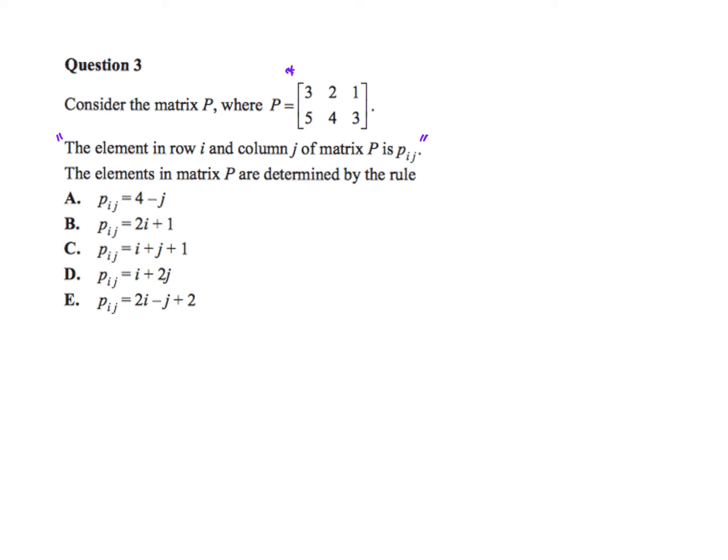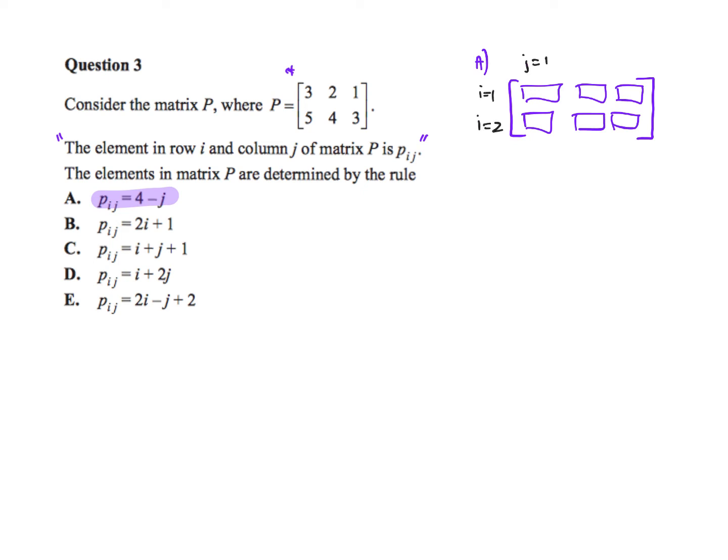So if I'm going to do this first option, I'll just draw a blank one over here. So this is option A. I've got the 6 spots. Okay, so this would be i equals 1, i equals 2, j equals 1, j equals 2, j equals 3.